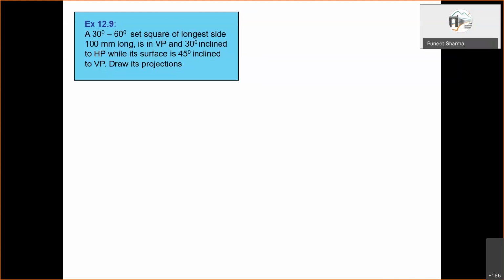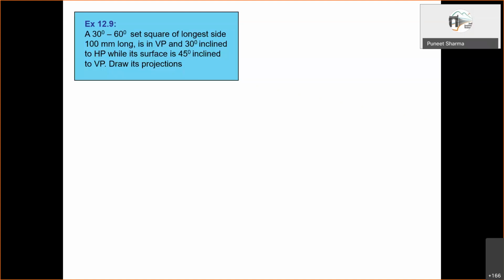Yeah. So now what we have to achieve is, in the first step, the true shape should be available. That is one thing. Then we have to obtain the inclination of the surface of the plane figure, and the inclination of this longest edge with the other plane. So these three things have to be obtained.